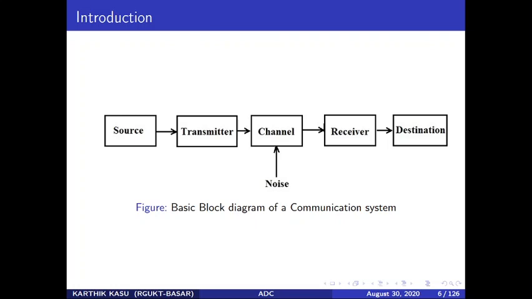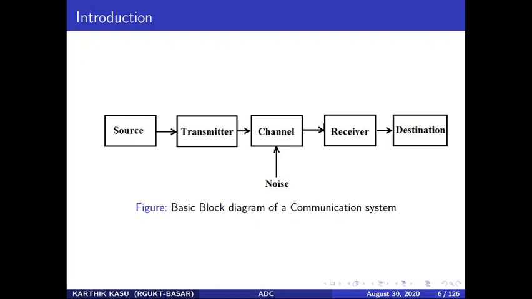How is it possible? Because of a phenomenon called modulation. Just because of modulation, you are able to transmit your voice over longer distances, anywhere in the world. If there is no modulation, your voice will not travel more than some tens of meters.